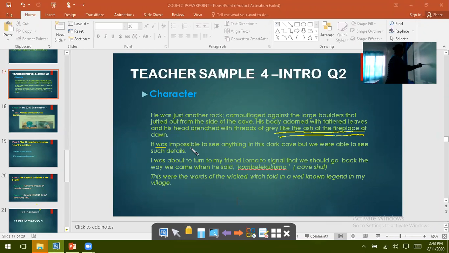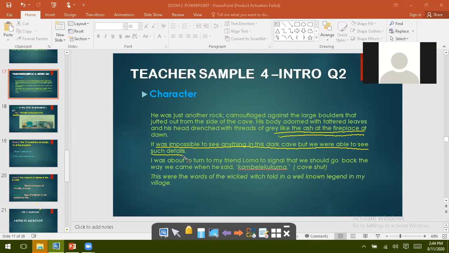And next one, somebody read this for me. Second sentence, second paragraph.